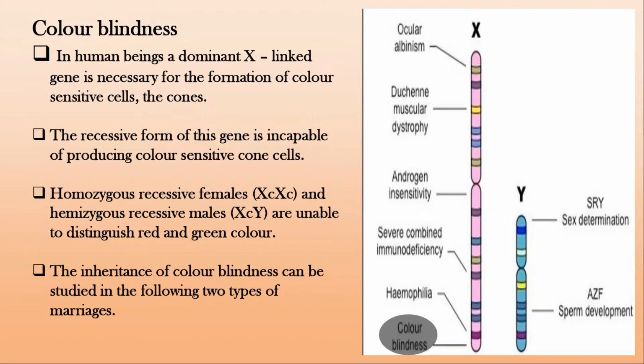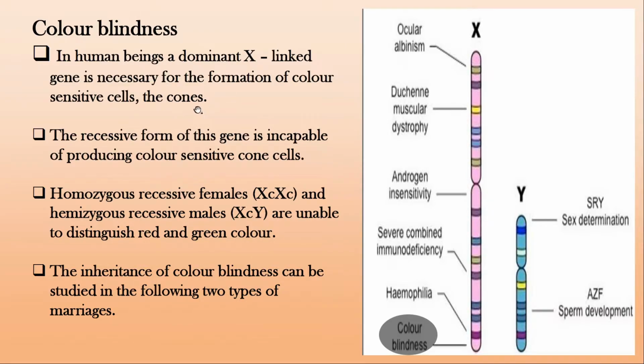Next we have color blindness. In human beings, a dominant X-linked gene is necessary for the formation of the color-sensitive cells called cones. We know the retina has two types of cells, rods and cones, and the cones determine the colors.